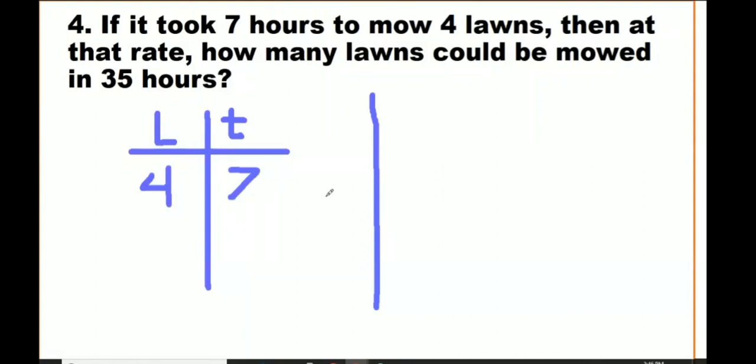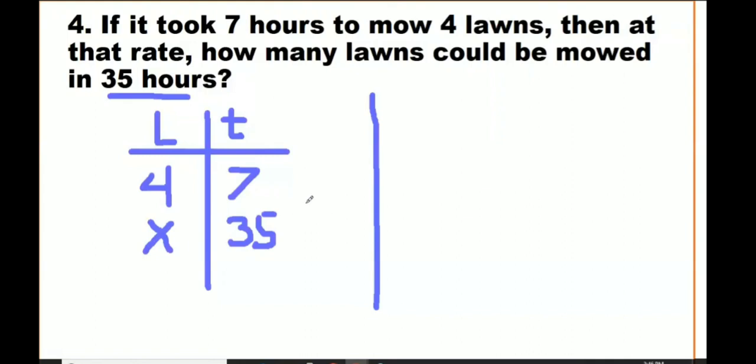Next. How many lawns could be mowed in 35 hours? As you know, 35 hours refers to time, so you have to put 35 under the column of time. So what's unknown? How many lawns? We will represent the unknown as x, the variable x, the number of lawns in 35 hours.